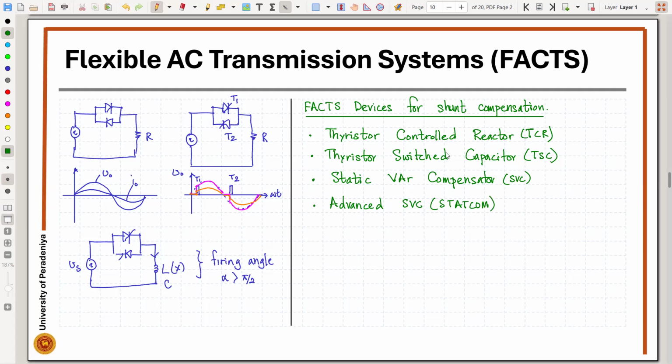So these are possible FACTS devices that we can use with the shunt compensation. So we will discuss them in detail next. So first we will discuss the thyristor controlled reactor.